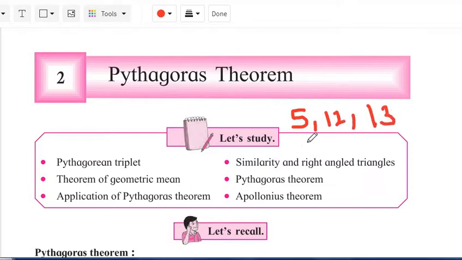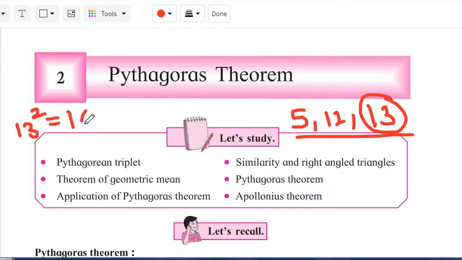Now among these three numbers, which is the greater number? Greater number is 13. If I square this 13, then 13 square is equal to how much? 169. Okay. 13 square is 169.